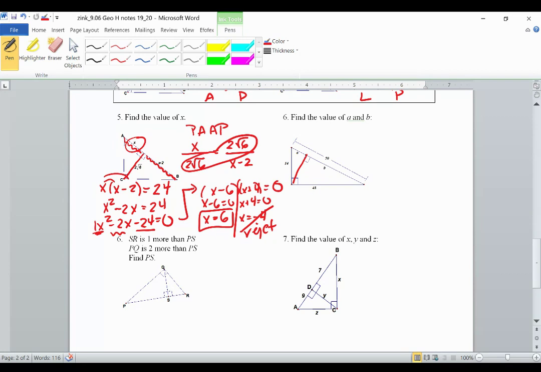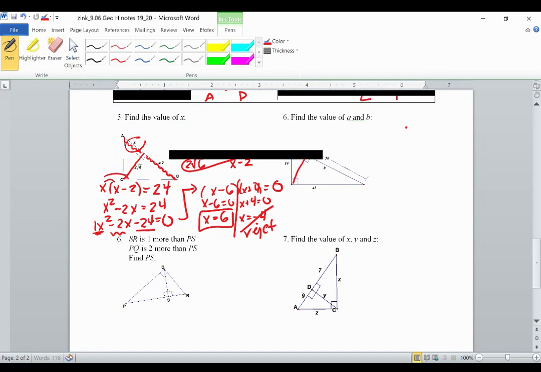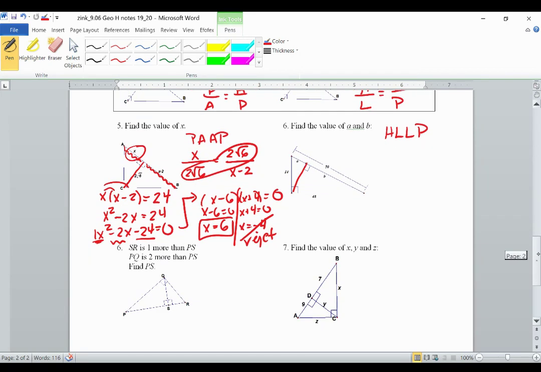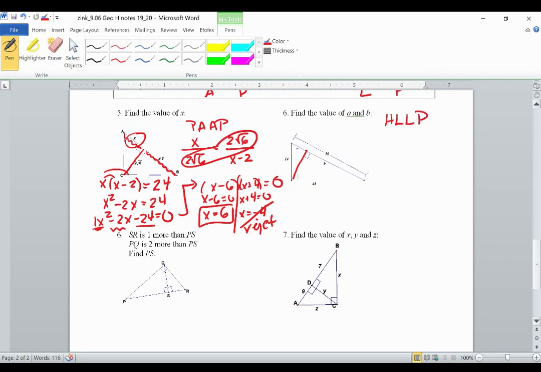So for this one, I would go to HLLP first. But remember too, there's more than one way often to do these. So you could either choose that you want to use the 48 leg or you could choose the 14 leg. So I would pause the video here, give it a try, and see if you can do it on your own.